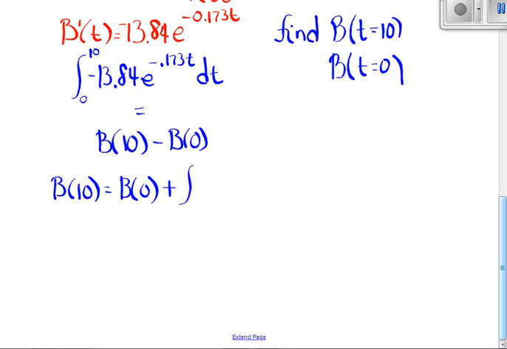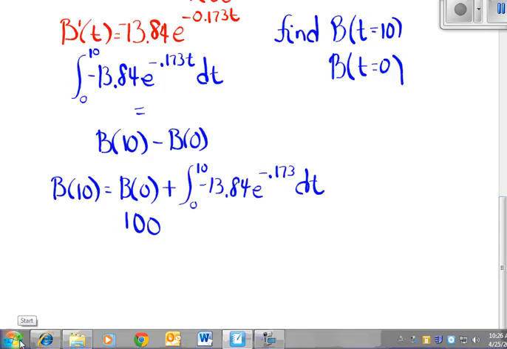You should have your calculator out. I'm going to get mine out. And there it is. That's 100. See if you can put your function in. I would put it into Y1.